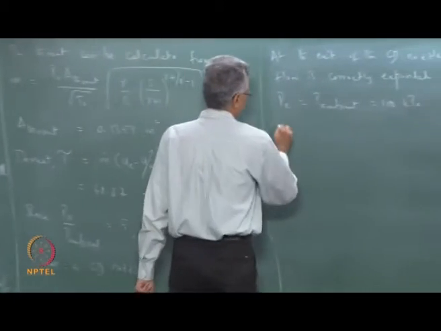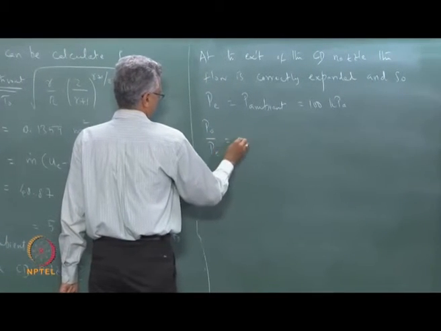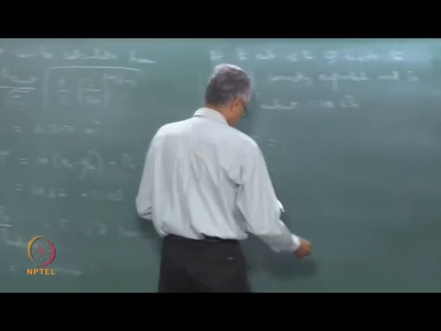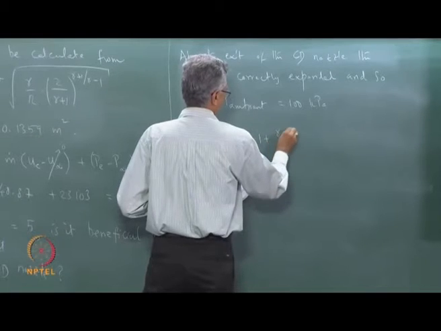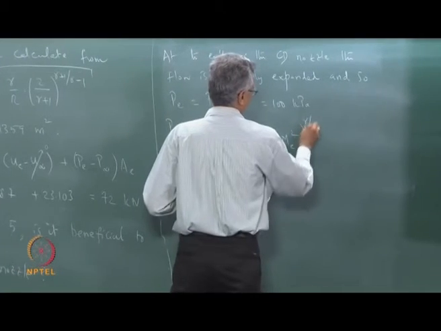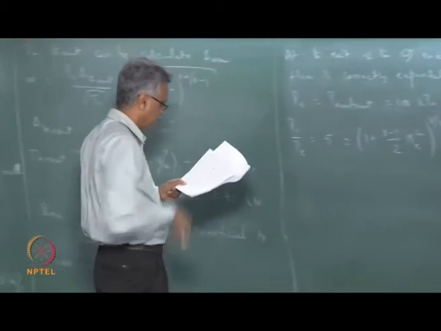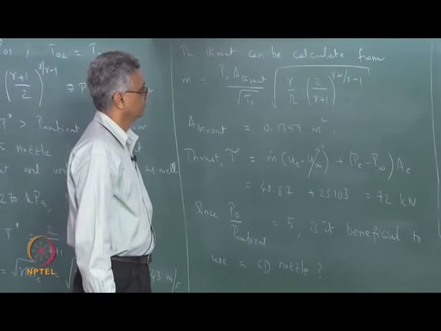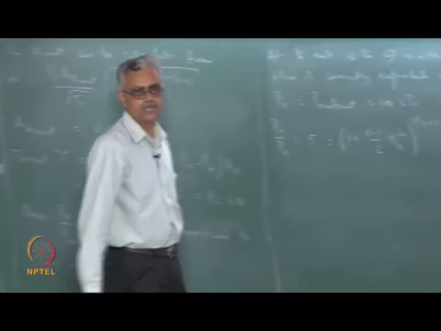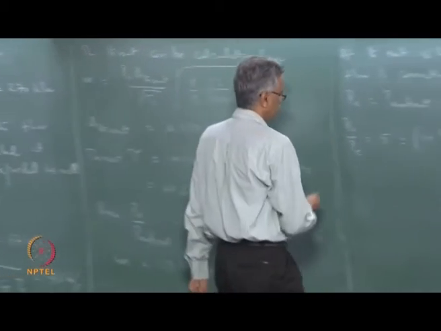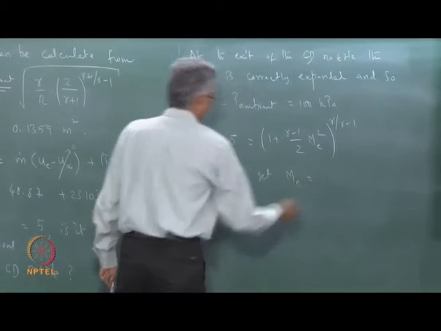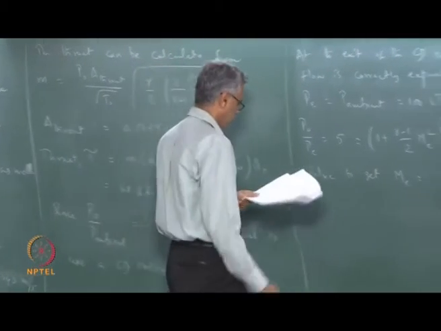So, this means P0 over PE is equal to 5, and we also know that since the flow is isentropic, this is nothing but 1 plus gamma minus 1 over 2 times ME square raised to the power gamma over gamma minus 1. So, I substitute gamma equal to 4/3 and I can solve this equation to get ME to be 1.73.